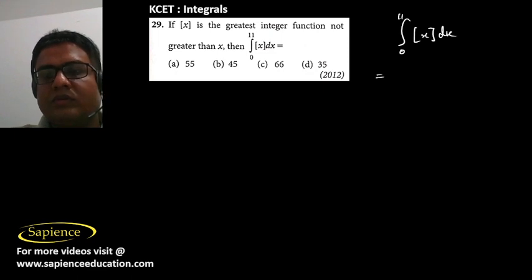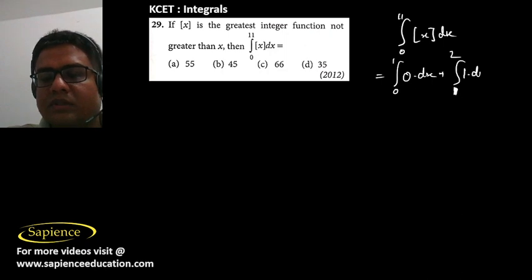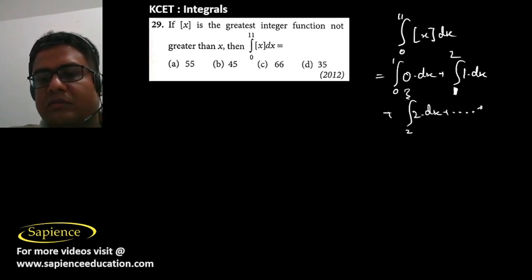So from 0 to less than 1, the value will be 0. So I will write integral 0 to 1, 0 into dx, plus integral 1 to 2, 1 into dx, then plus 2 to 3, 2 into dx, then at the end plus 10 to 11, 10 into dx.